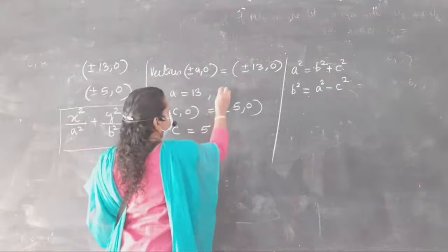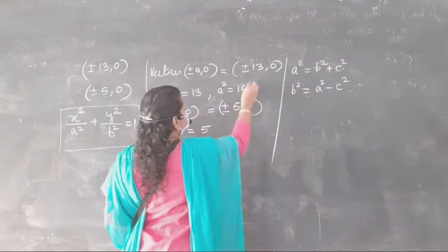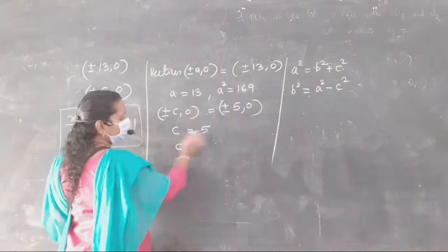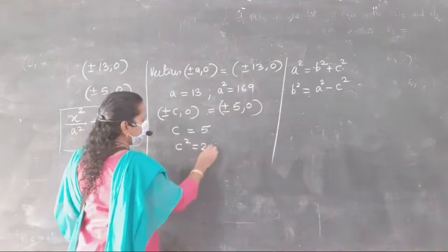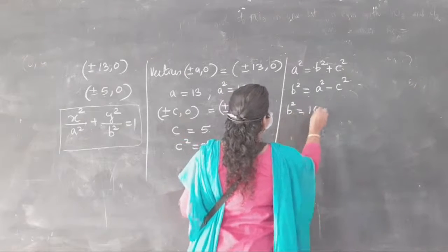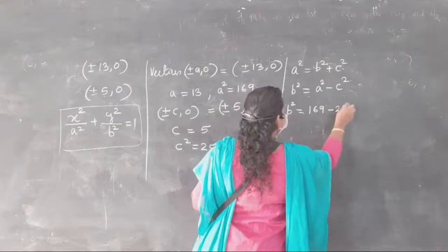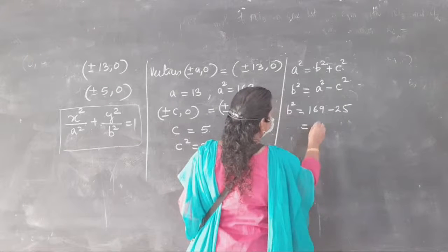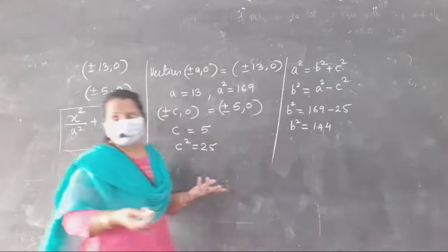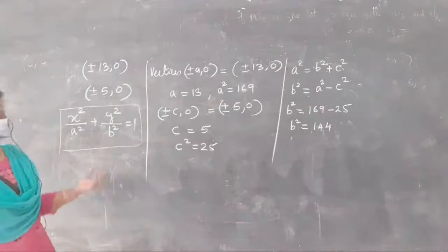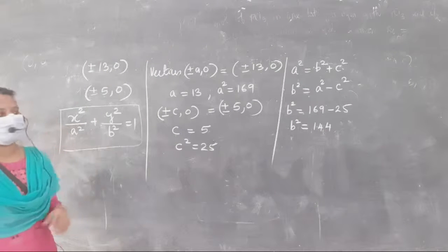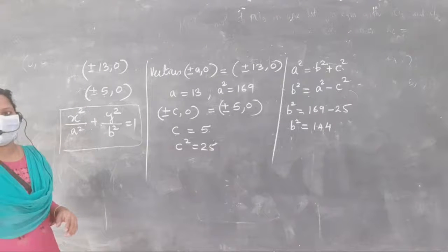What is a square? 169. Then c equal to 5. What is c square? 25. Then b square equal to 169 minus 25 equal to 144. b കാണേണ്ട ആവശ്യമില്ല. b 12 ആണ്. നമുക്ക് a square ഉം b square ഉം കിട്ടിയാൽ നമുക്ക് ഇക്വേഷൻ എഴുതാം. ഓക്കേ.